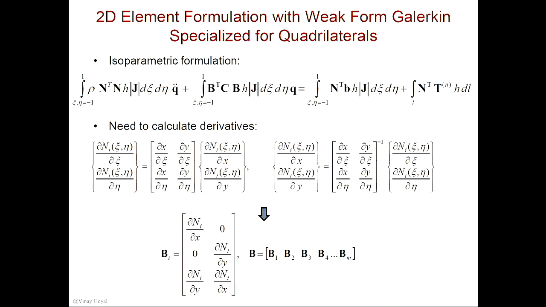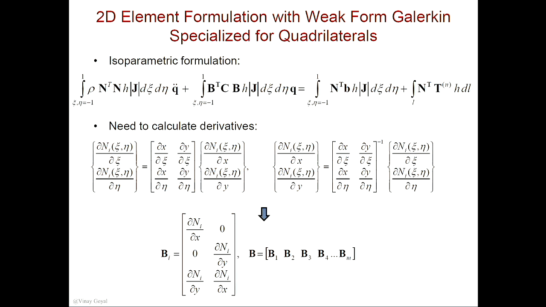I need to calculate these derivatives, right? I have to calculate those derivatives. So to get ready for that, we use chain rule, which is given by these formulas. And I have to invert that so I can calculate derivative with respect to x, derivative with respect to y. I know the Jacobian fully. I know the shape functions as a function of xi and eta, so these derivatives can be calculated very quick.